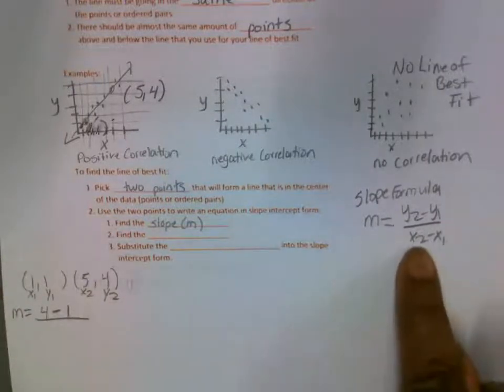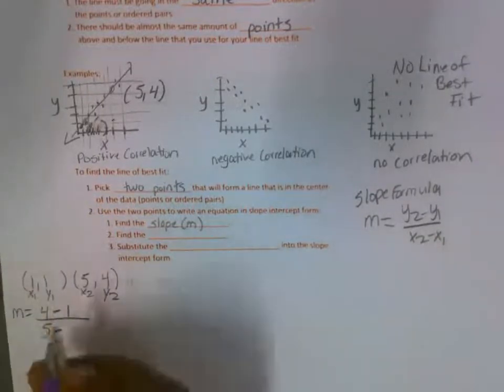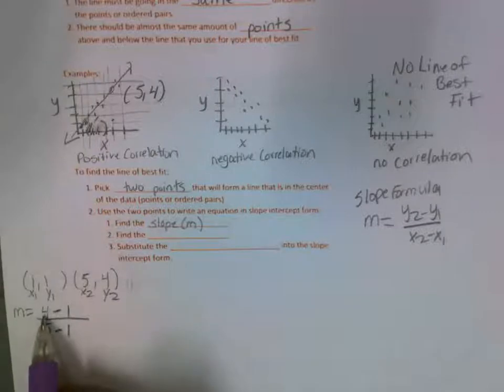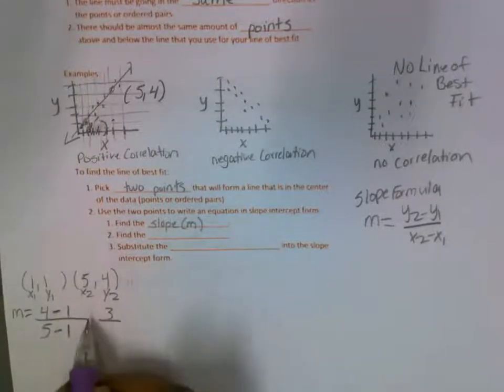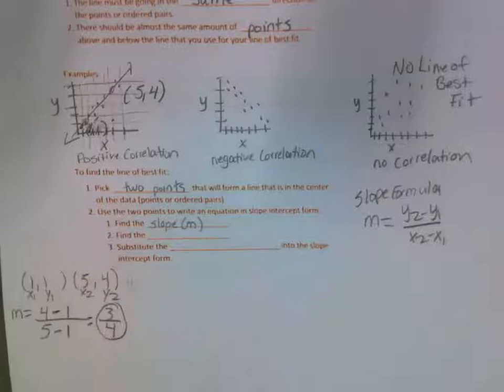On the bottom, x2 is 5 minus x1 is 1. On the top, 4 minus 1 gives me 3, and on the bottom, this gives me 4. So my slope is 3 over 4.